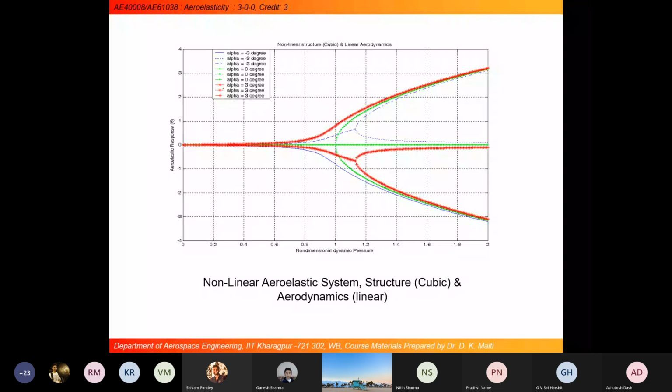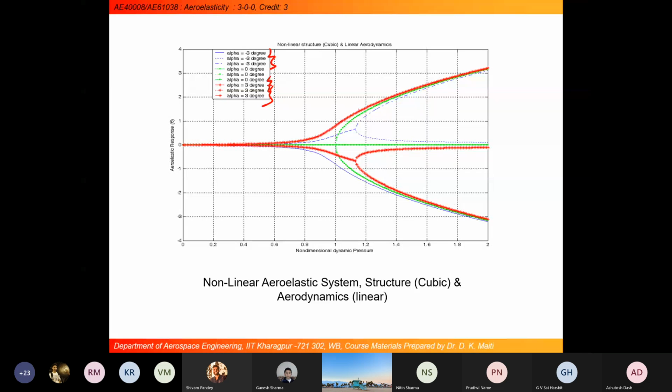If you look at it, for different values of alpha, whatever route we are getting, one route is going like this, another route is going this way. Similarly, we will have two routes for positive theta also, for positive angle of attack. Sorry, it is negative, whatever I have taken here, negative, then it is positive.